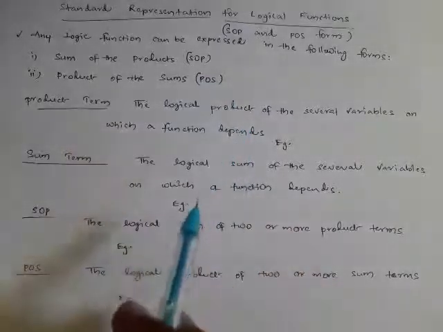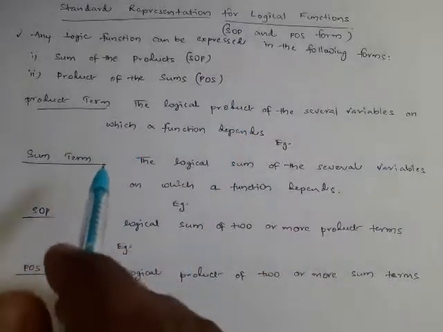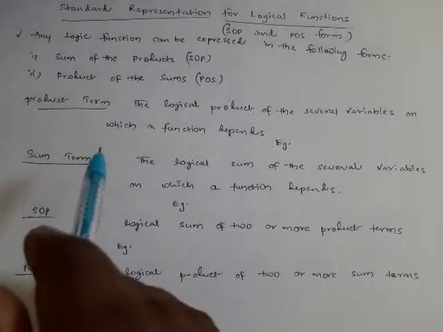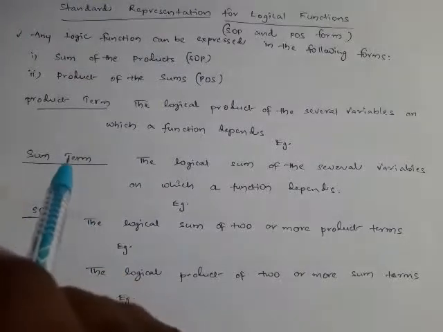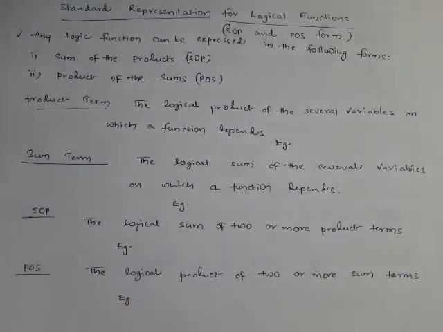So first we'll look at what is meant by product term. A product term is the logical product of several variables on which a function depends. For example, if a function depends on three variables, the logical product of any of the three variables is called a product term.